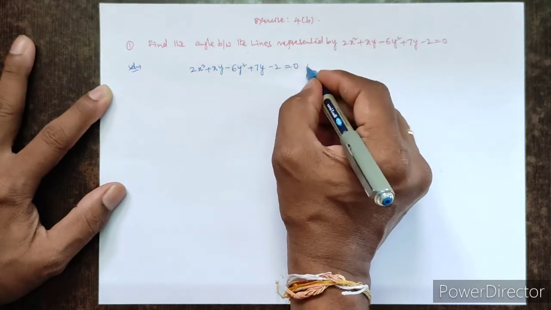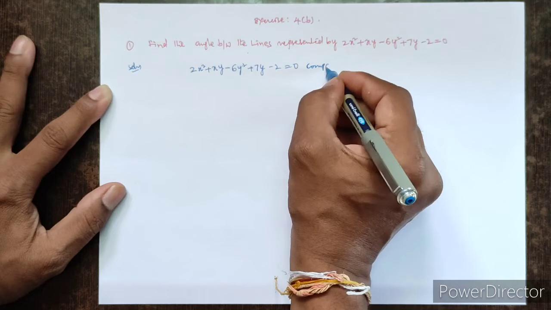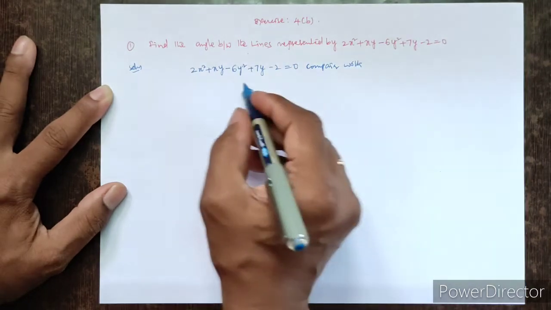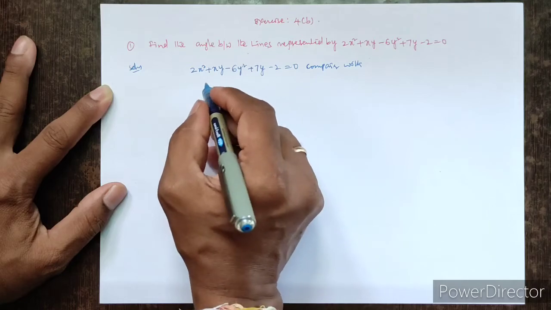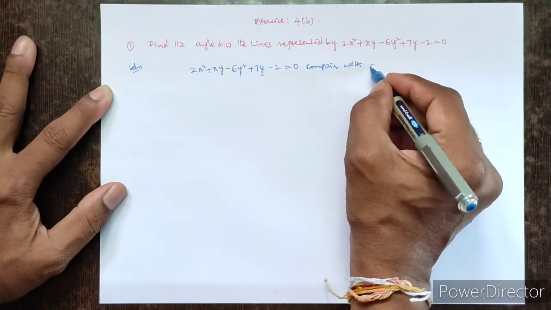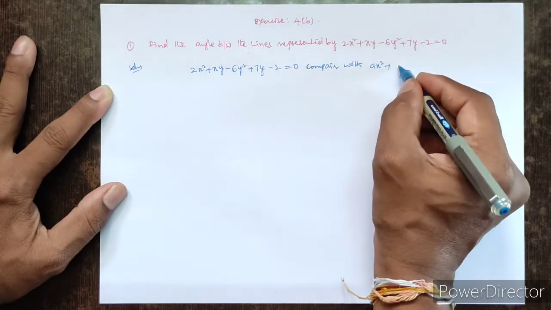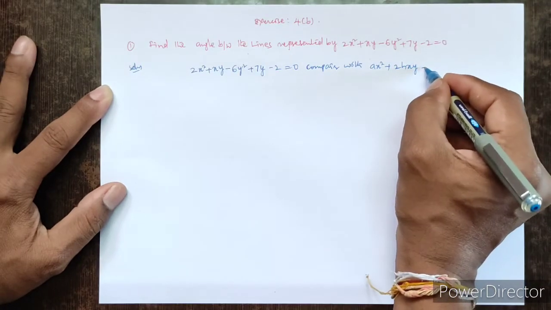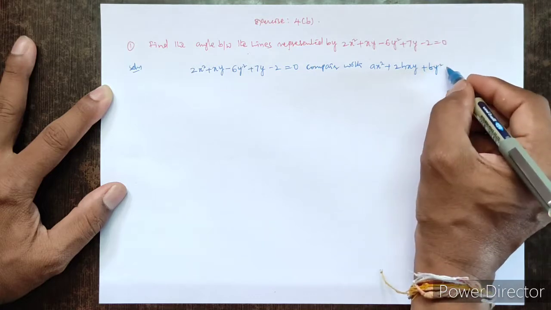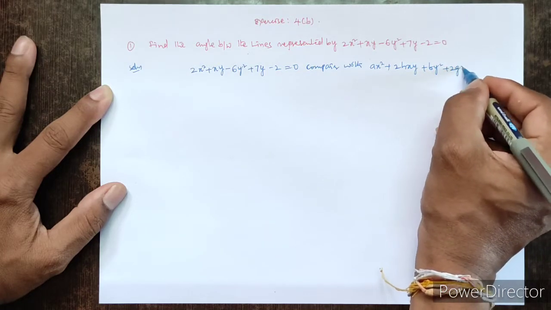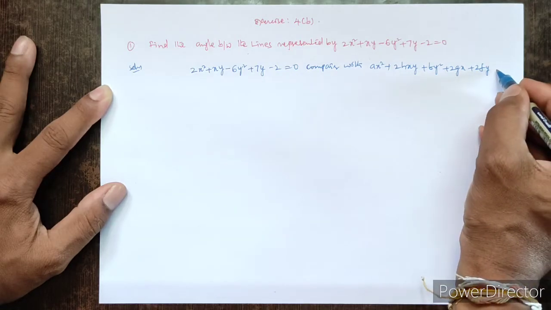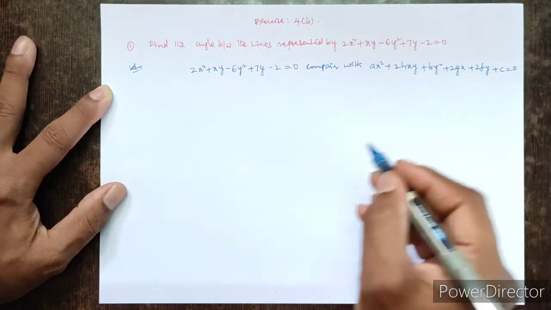So compare this with the standard pair of straight lines, that is ax square plus 2hxy plus by square plus 2gx plus 2fy plus c equal to 0.